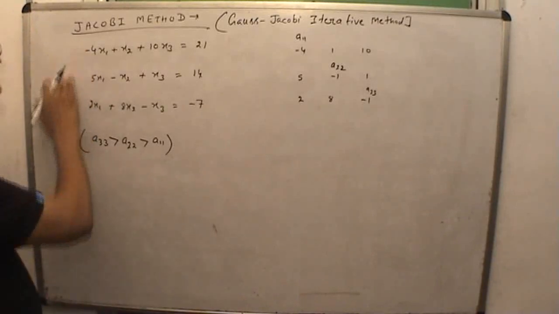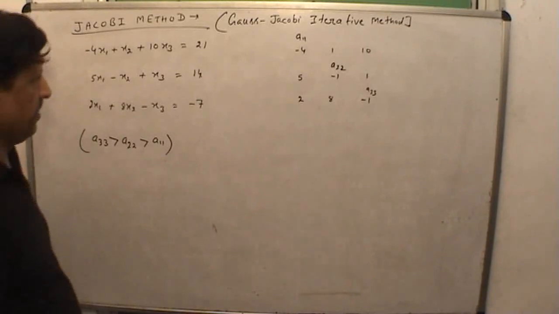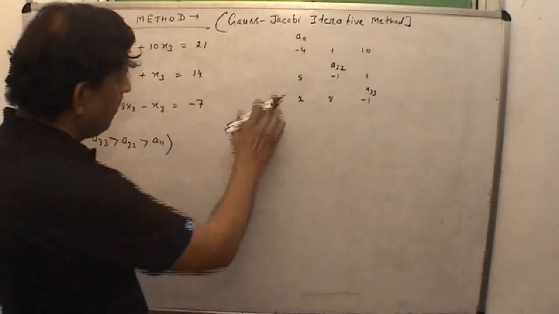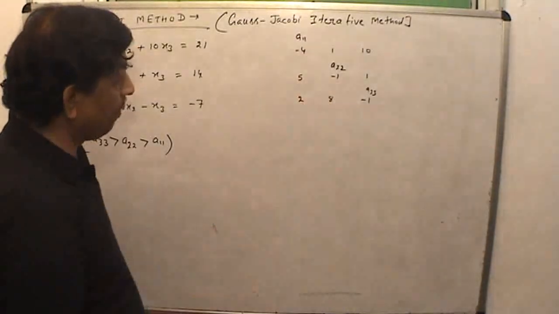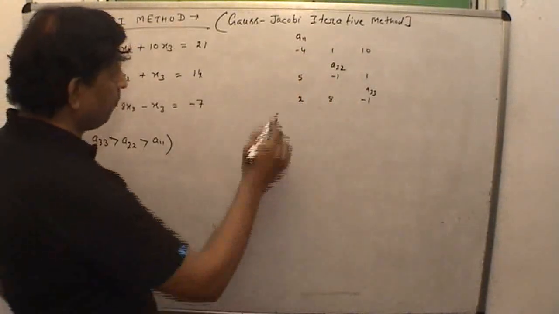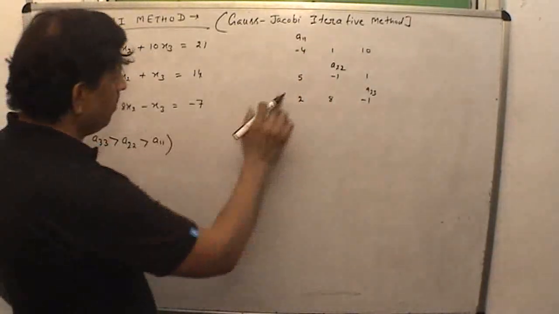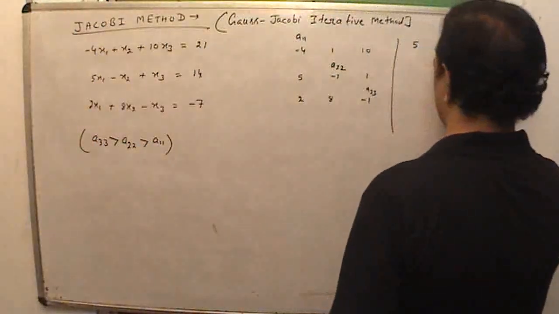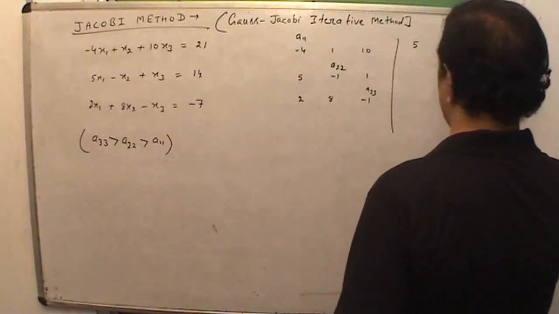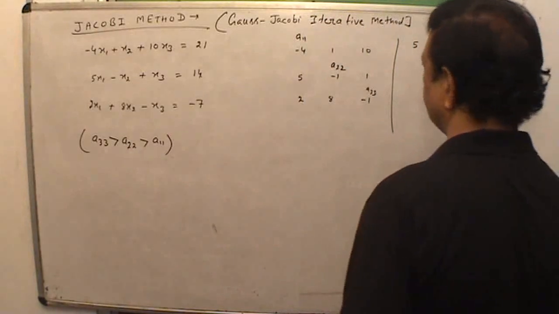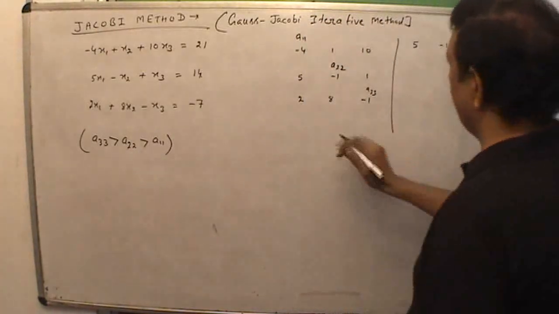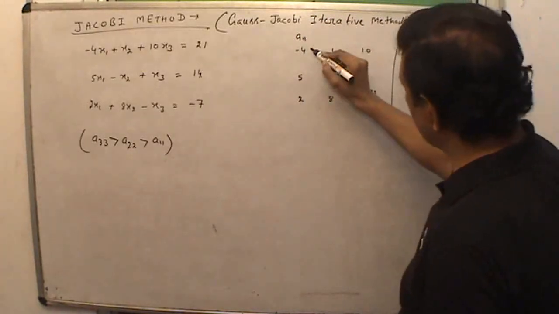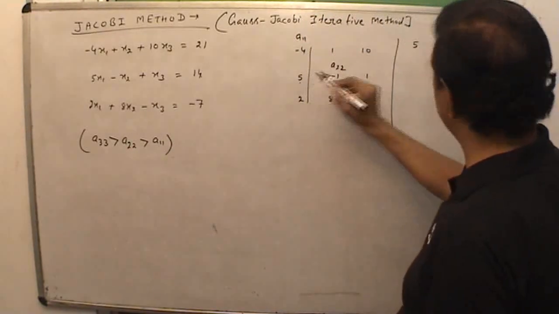We have to reshuffle these equations in such a way. So we see it is not in the proper order. We want 5 here, so we can write 5, minus 1, 1. Then in the first column, see the largest element, 5.